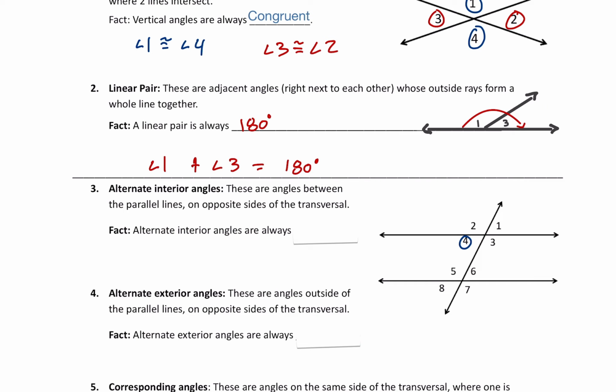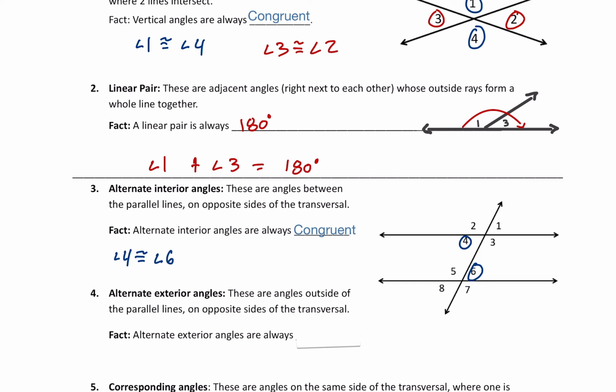So it can't be 3, it has to be 6, because that's the only one that's inside the parallel lines and on the opposite side of that transversal. So angle 4 and 6 are alternate interior angles, and alternate interior angles are always congruent. So I can say angle 4 is congruent to angle 6.